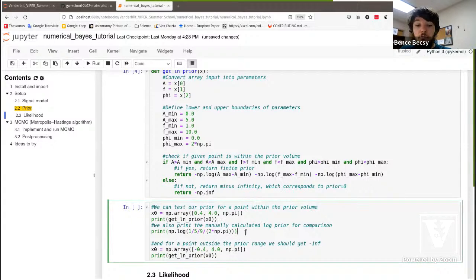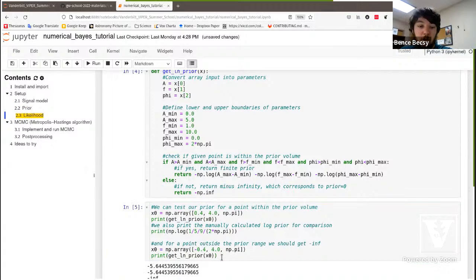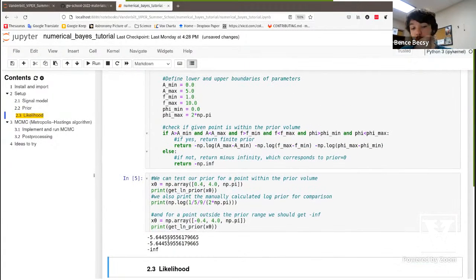These two should match up. Then I also look at a point which is clearly outside of the prior. It has a negative amplitude, so that should give us minus infinity if everything is right. You can see that these two values match up, and the third one is minus infinity. So it looks like the prior is working fine.